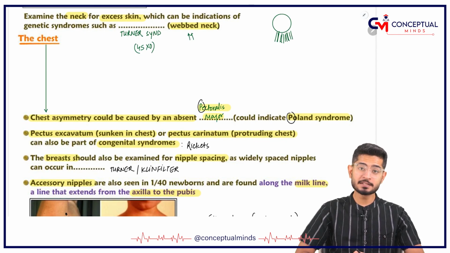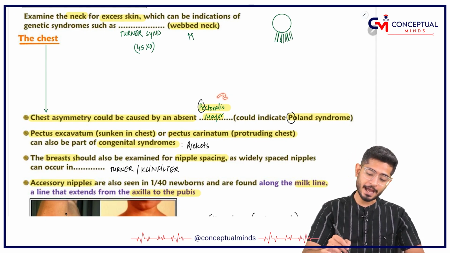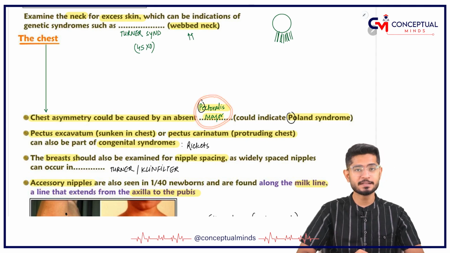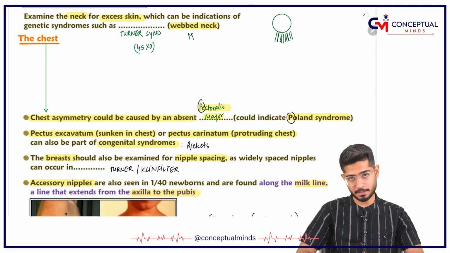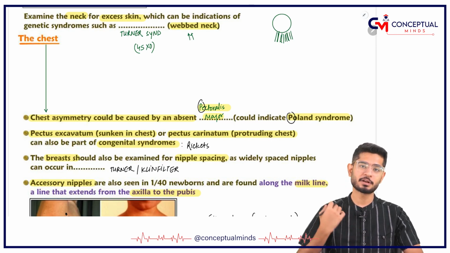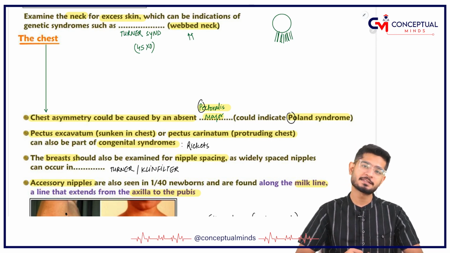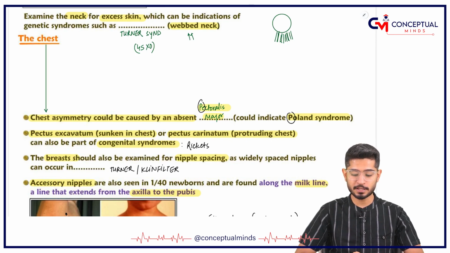Now the chest can be asymmetrical. Why? Because of the absence of pectoralis major muscle. Are you getting it? So the chest can be asymmetrical because of the absence of pectoralis major muscle. So on one side pectoralis major is going to be there, on the other side the pectoralis major is not going to be there.